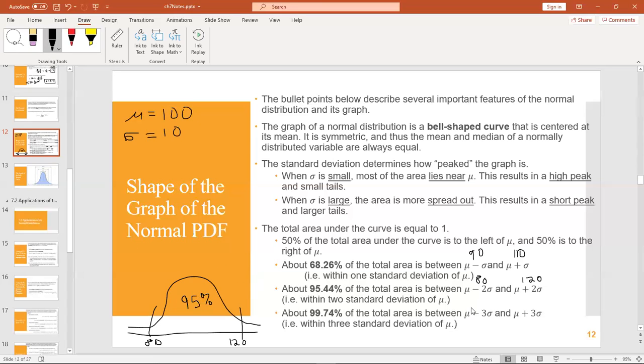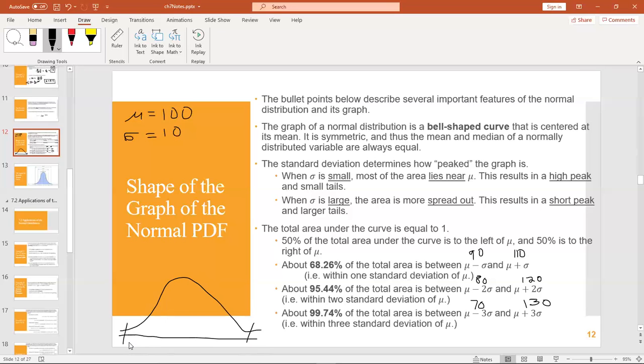Meanwhile, if you take this one stage further, if you go down yet another 10, so altogether you go down 30, because you're going down 3 times, that'd take you to 70, up to 130. So then in that kind of a situation, you have yourself a bell curve, like so.